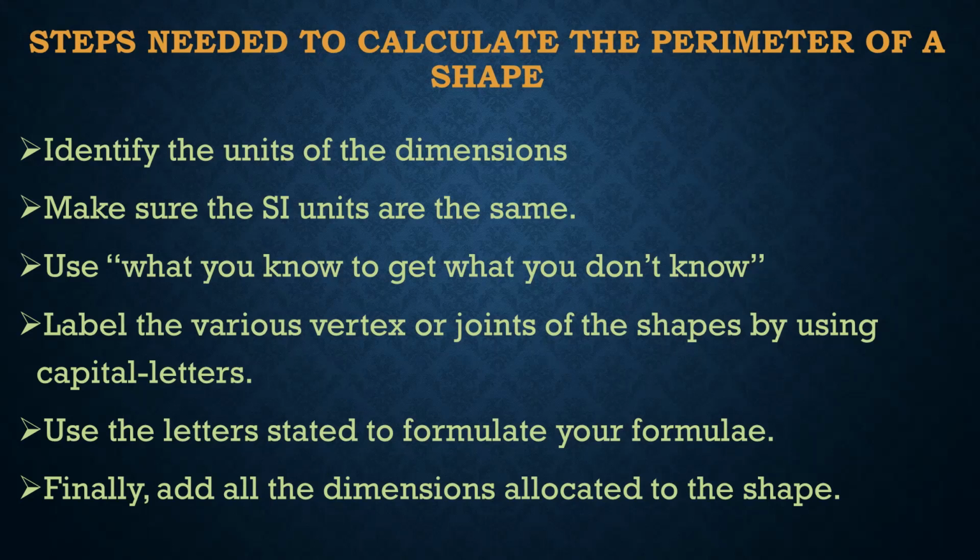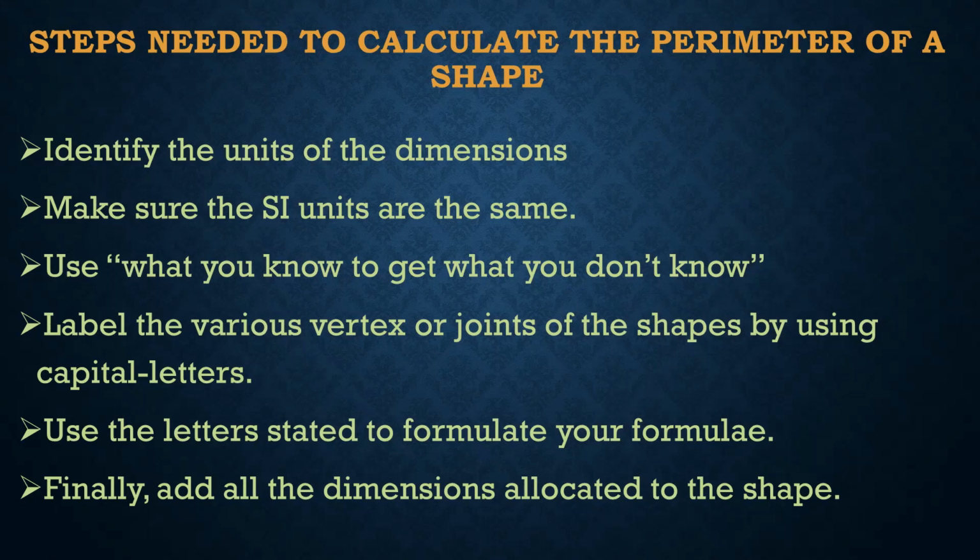So the first thing you have to check is the unit of what? Of the dimensions given. Then make sure the SI unit, or the International Standard Unit, are the same.